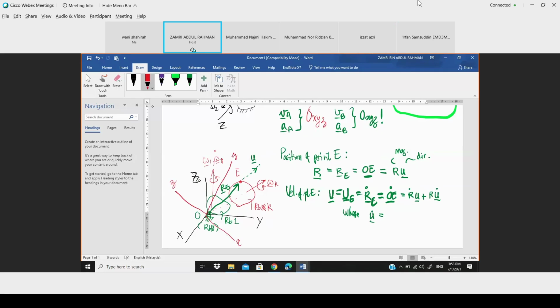And how does it rotate? It rotates in space relative to global with this capital omega. So you will have the direction change due to omega.